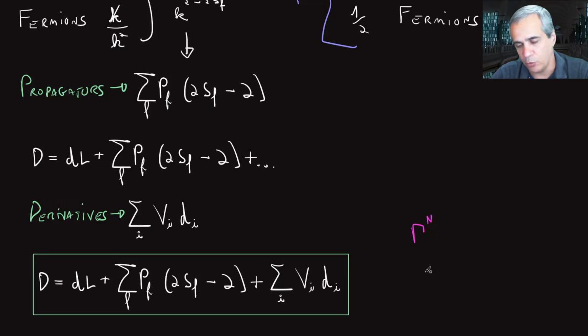As I go to higher powers of the interaction, and that means bigger number of vertices, right? So I want to really express this as much as possible in terms of the number of external legs and the number of vertices, right? And for that I used a few topological relations that came from the structure of diagrams.